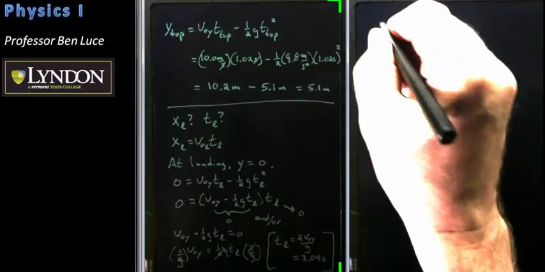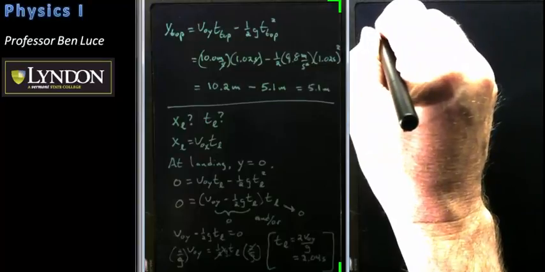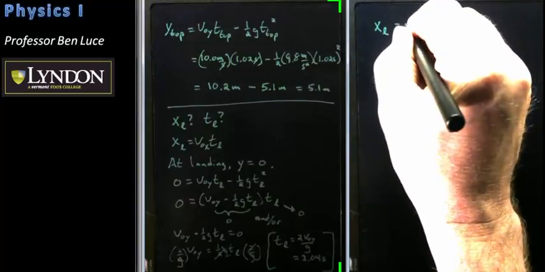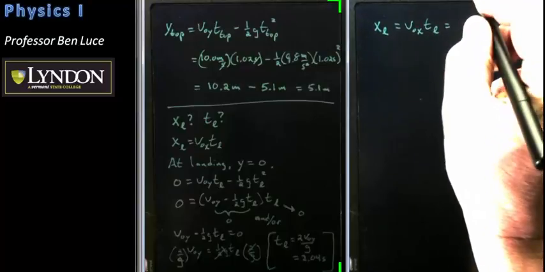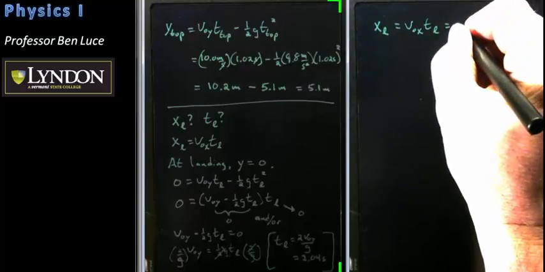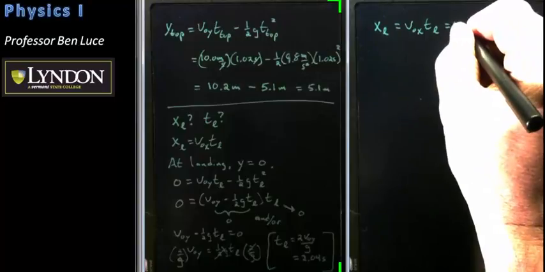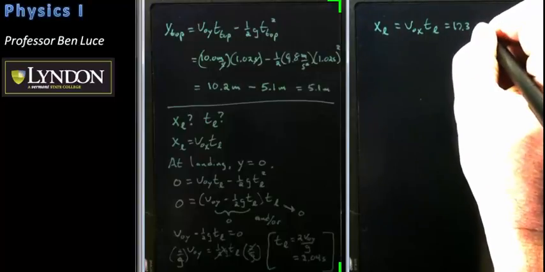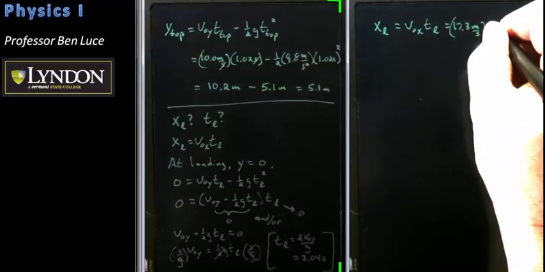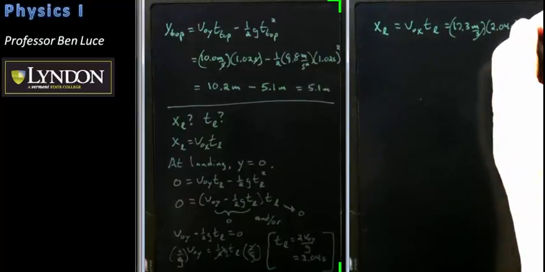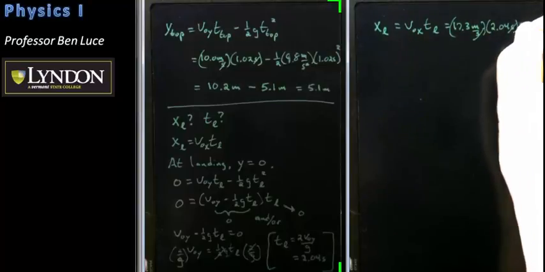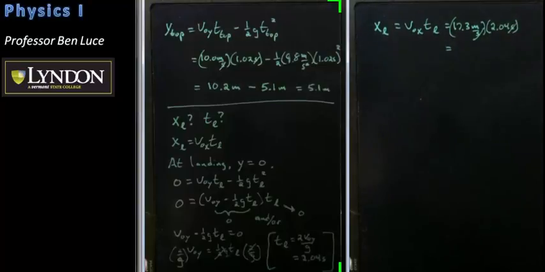All right, now we can compute the range. So here we have to use the fact that v naught x turned out to be 17.3 meters per second. And we multiply that by our 2.04 seconds. Seconds cancel. We bring up a calculator.